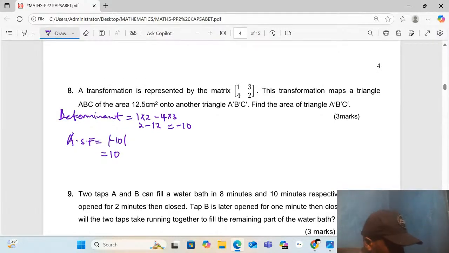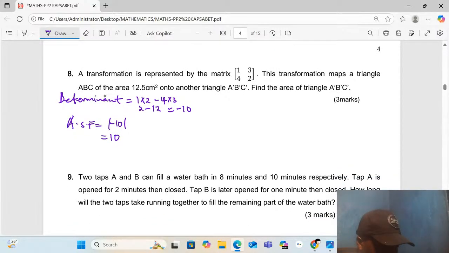Then we have our area, which is 12.5. And then we have this area scale factor, which is now 10. So we shall simply take the area that we are given of the triangle ABC, which is 12.5. Then we multiply by the area scale factor, which is now 10, so that we arrive at 125 square centimeters.